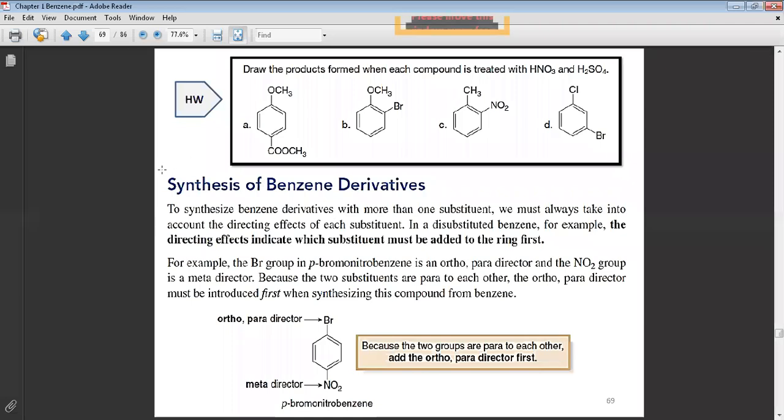I will stop here. Synthesis of benzene derivatives will be next lecture, inshallah. I hope you can restudy this lecture again and understand all that I said to you today.